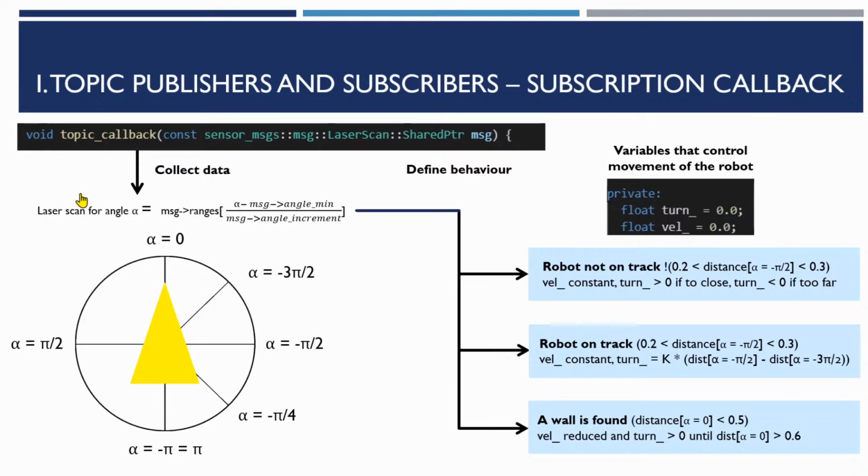Lastly, if a wall is found, it's going to reduce the speed and turn until the distance in front of it is more than 0.6, so it should be free to go.